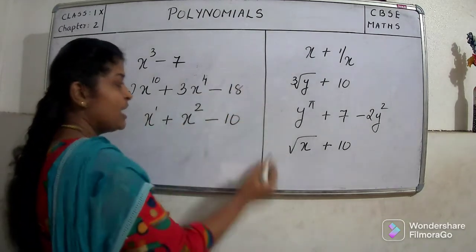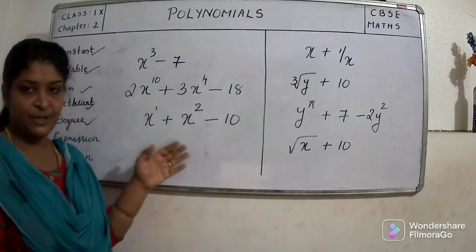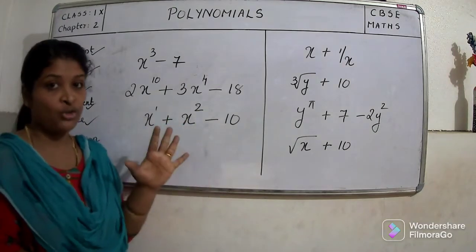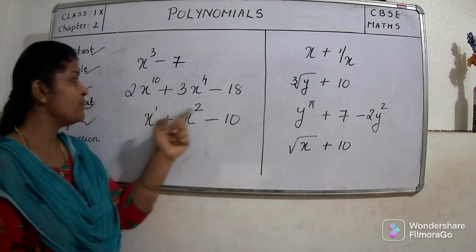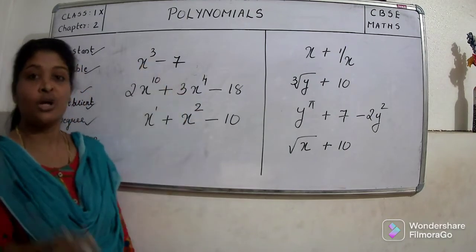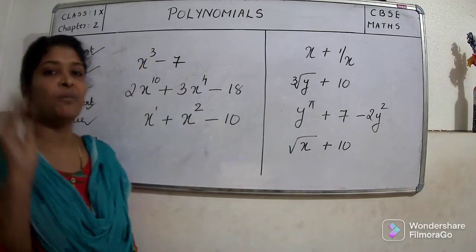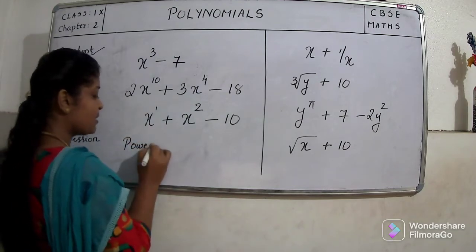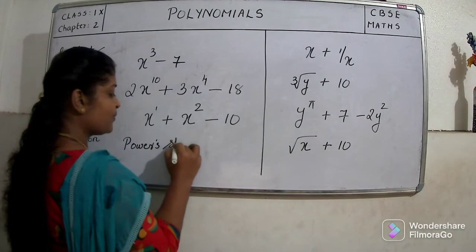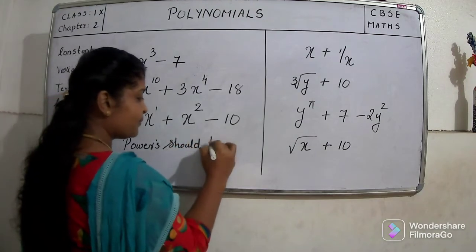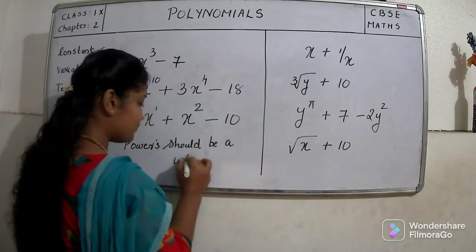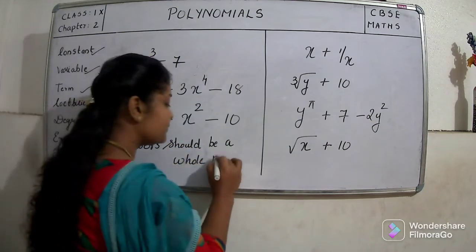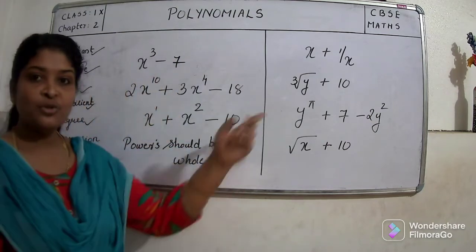So in this expression, we only have to bother about all the variables. All the variables' powers should belong to whole numbers.